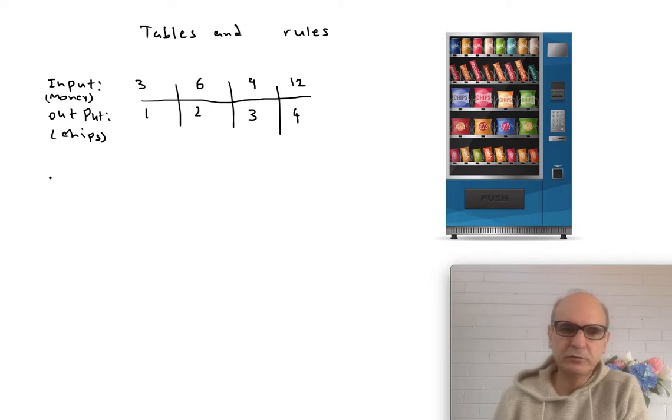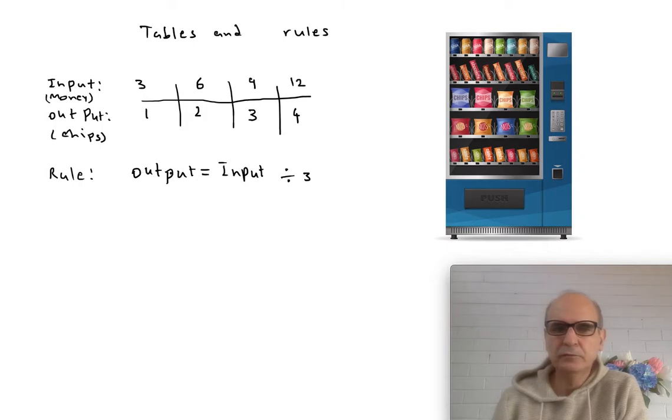So then the rule is: output is equal to input divided by 3.